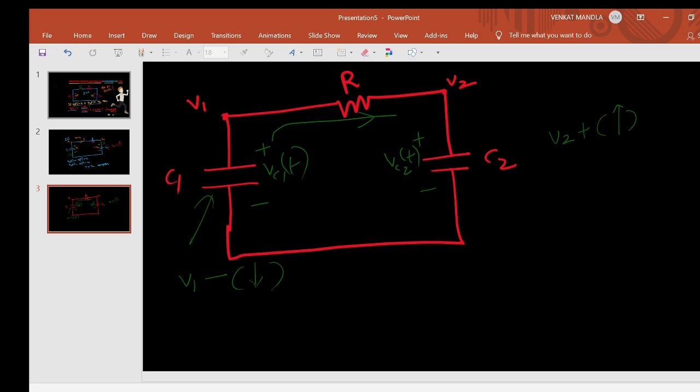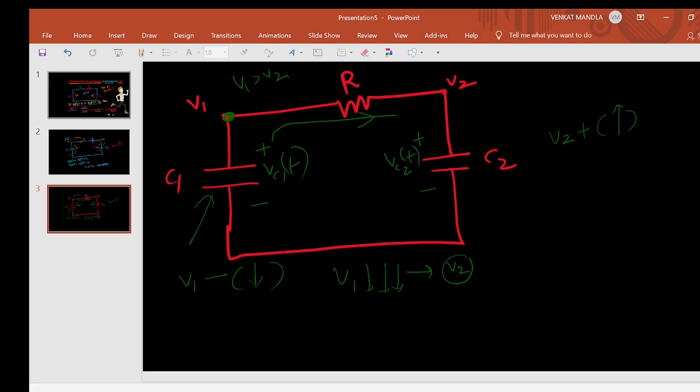How much does it decrease at C1 and increase at C2? At infinity they acquire equal voltages. Since we assumed V1 greater than V2, V1 decreases until at some point it equals V2.